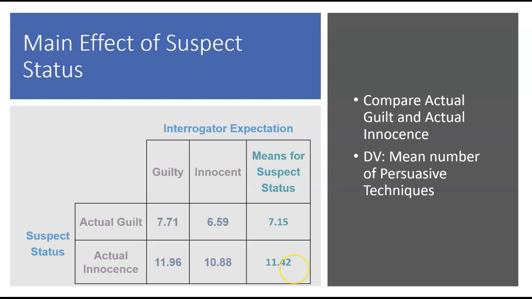So they're going to resist, and they're going to say, no, I didn't do it, I didn't do it. Regardless of the interrogator's expectations, they use a greater variety of persuasive techniques because they're getting more resistance from the actually innocent suspect. In comparison to the actually guilty suspect, they use somewhat fewer persuasive techniques.